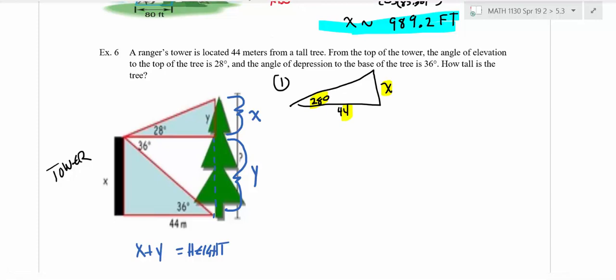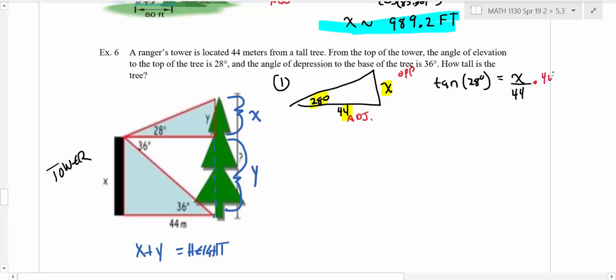Well, this is opposite over adjacent. And opposite over adjacent is the tangent. So we would have the tangent of 28 degrees is equal to the opposite x over the adjacent 44. Okay, so I need to multiply both sides by 44.